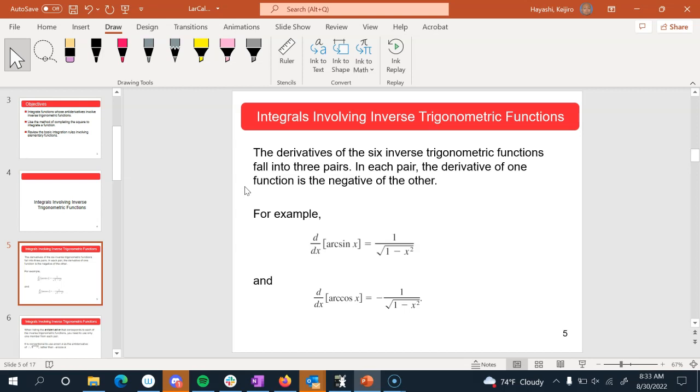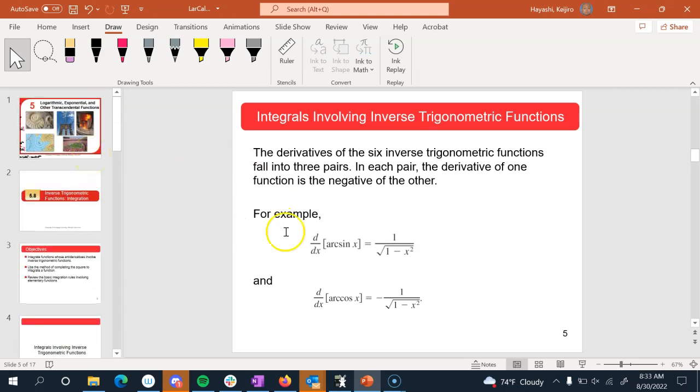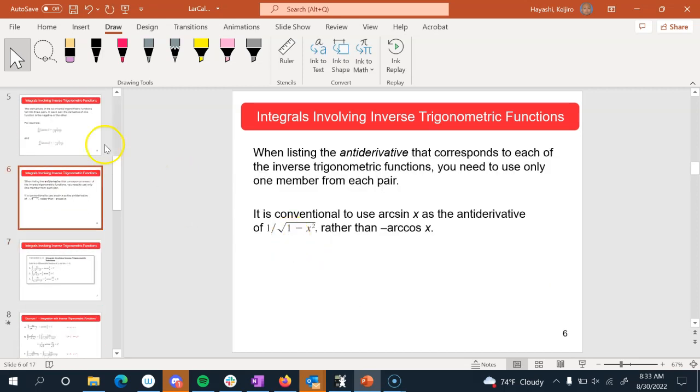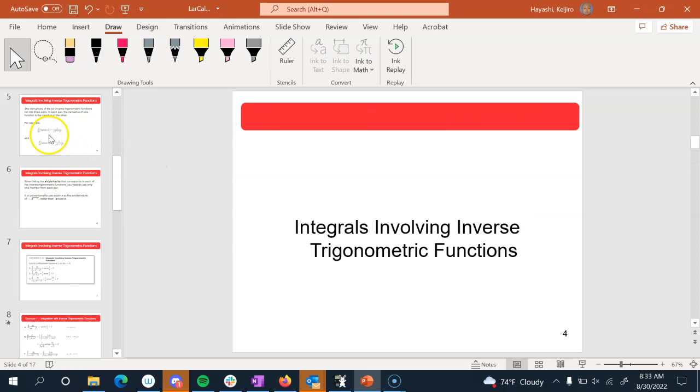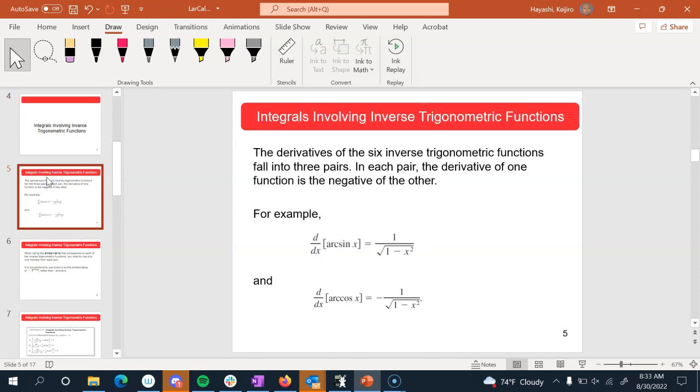Right. So although there are 6 inverse trigonometric functions, we really only have to know those 3 that I wrote down there. For the cofunctions, the derivatives of the inverse trigonometric cofunctions are just the negatives of the regular ones.